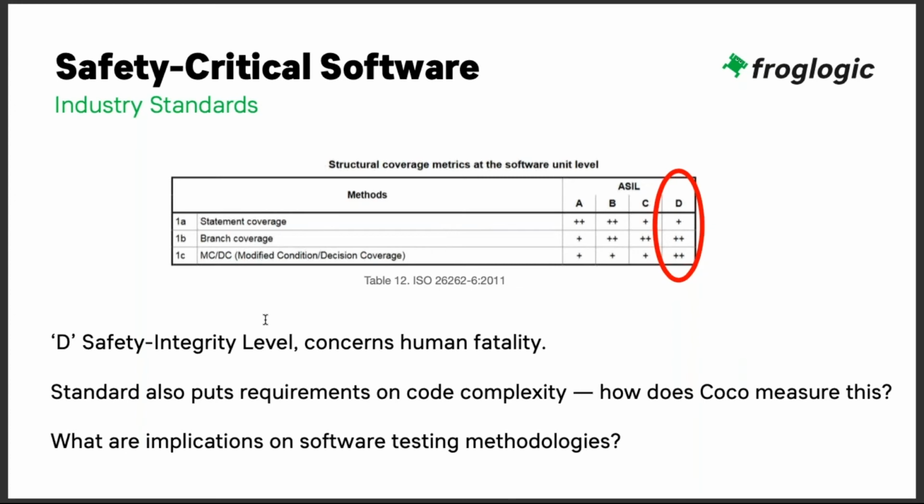So we see growing use of Coco in both its code coverage analysis and its code complexity analysis, where safety critical applications are concerned because of the structural coverage metrics required.